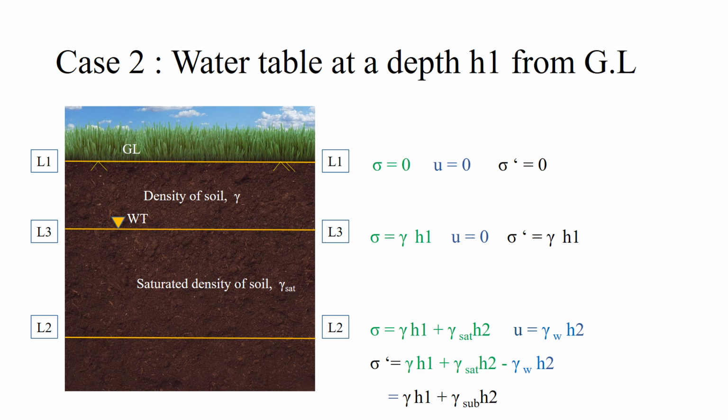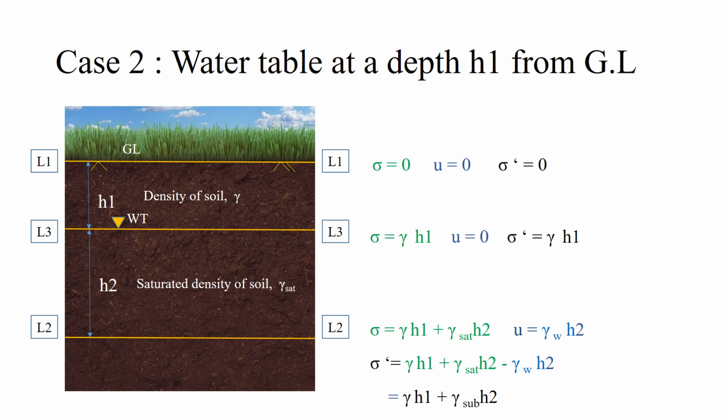Case 2. When the water table is at a depth h1 from the ground level. So h1 is the depth of water table from the ground level and h2 is the depth of level L2 from the water table. Now let's consider the level L1.